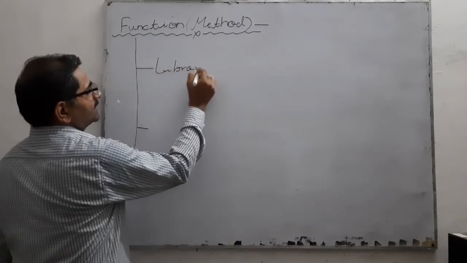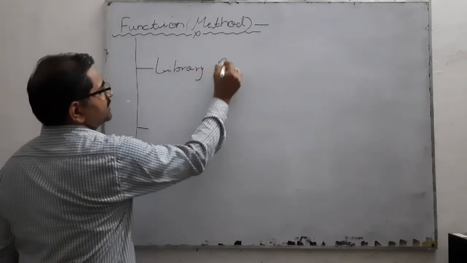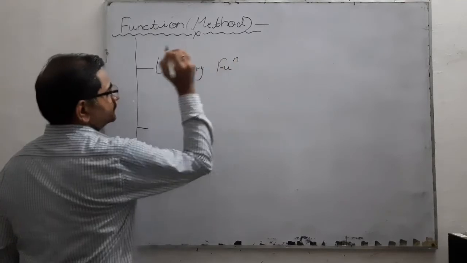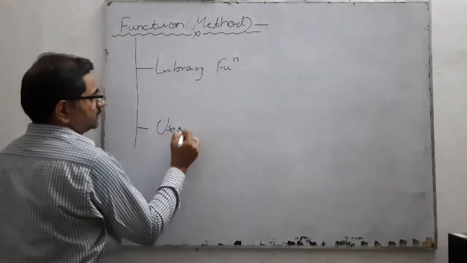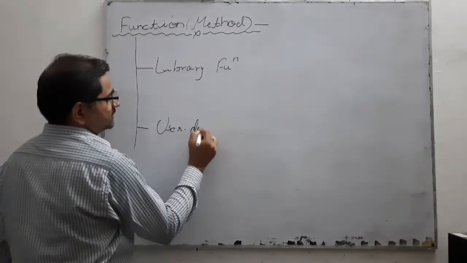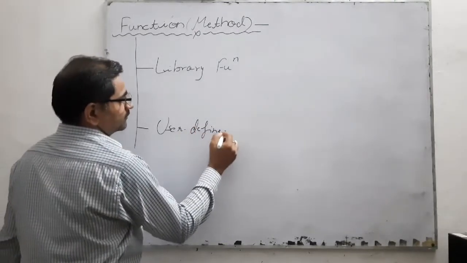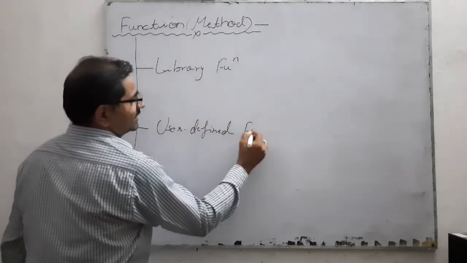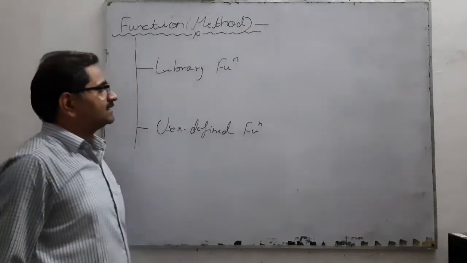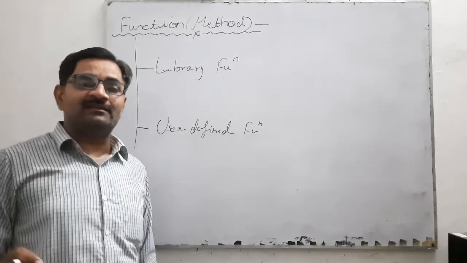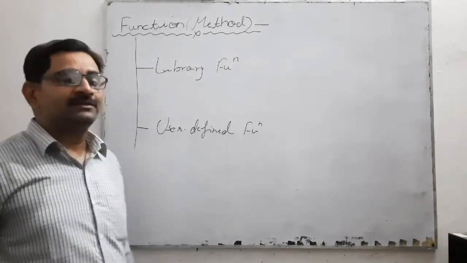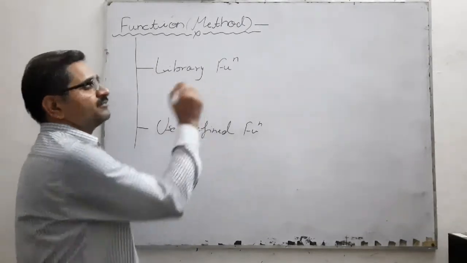First is library functions and another is user defined functions. As the name implies, the methods or functions which are already defined in a system library are known as library functions.